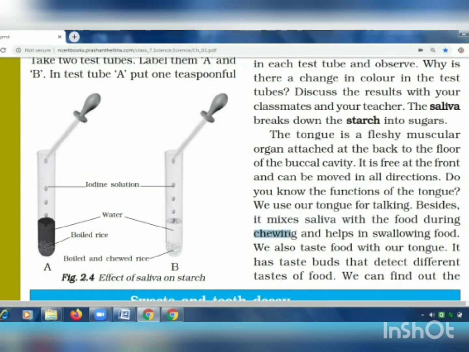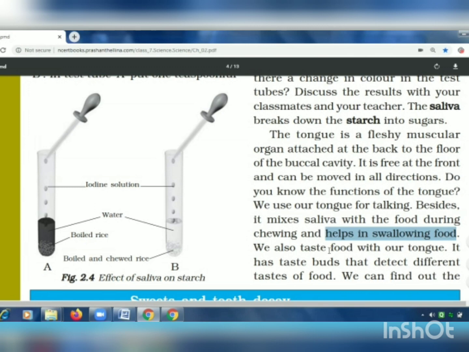During chewing, it mixes the saliva with the food and also helps in swallowing the food. So the functions of the tongue are to talk, to mix saliva with the food, and to help in swallowing the food. One more function is that it also tastes food.